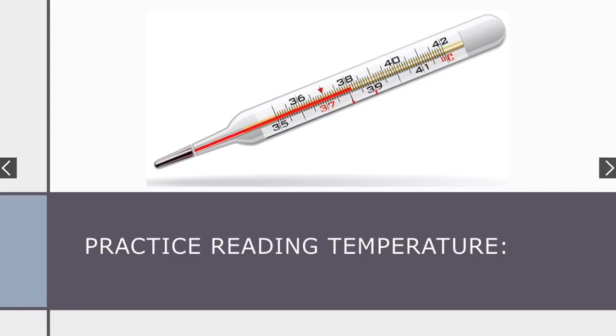And so I know that the last readable mark on here, it actually looks like it's going to be 38.1 because I can read that it's right there on that line. So 38.1. And even if it looks like it's right on the line, I still have to remember to estimate that last digit. And if it looks like it's right there on that line, I'm just going to say 38.10. So that's going to be my measurement for that temperature. Okay?